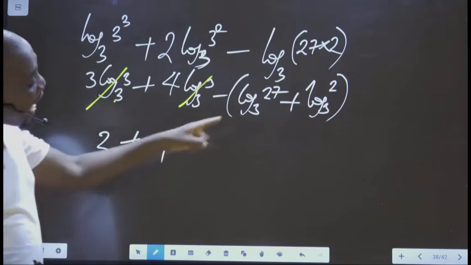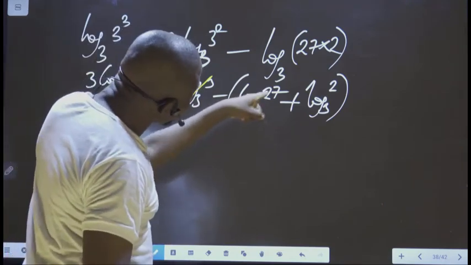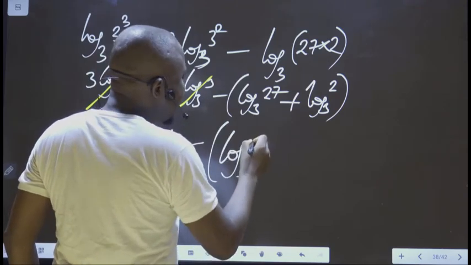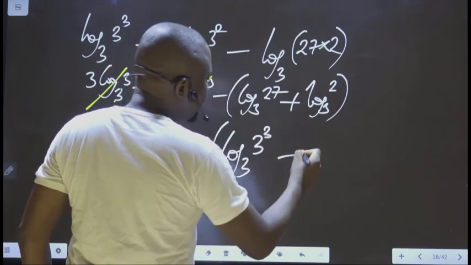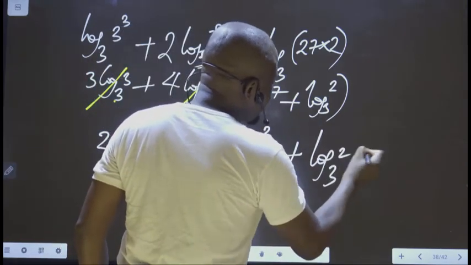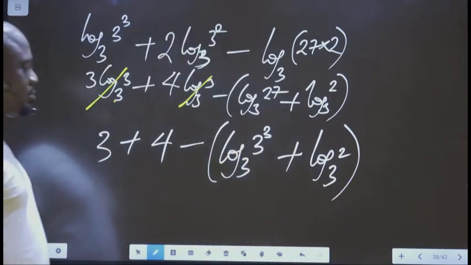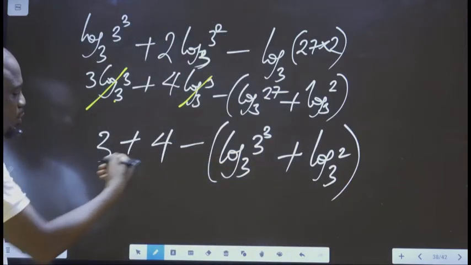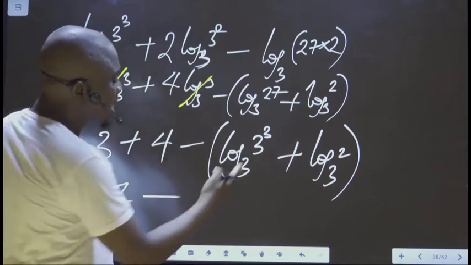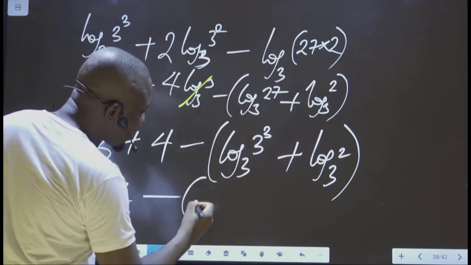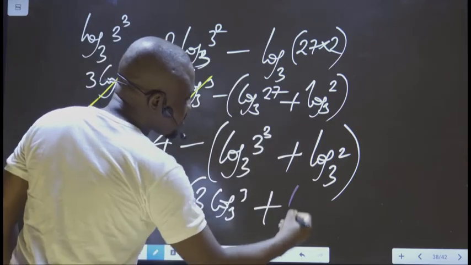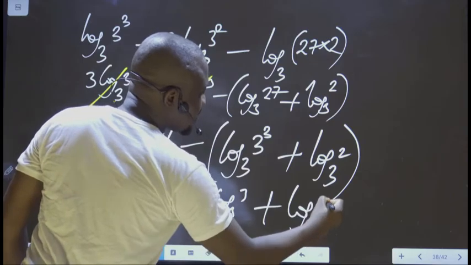Now, this one means what? This means log 3 raised to power 3 plus this means log 3 raised to power 2. No problem. This and this will produce 7. Minus this now, we also do the same thing. 3 comes down, log 3, 3 plus log 3, 2.